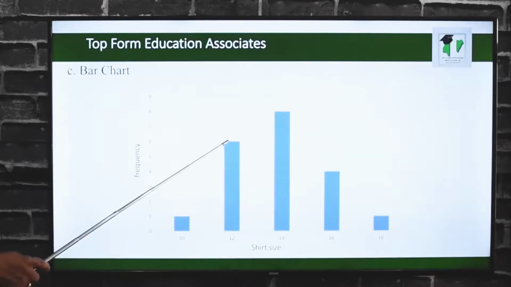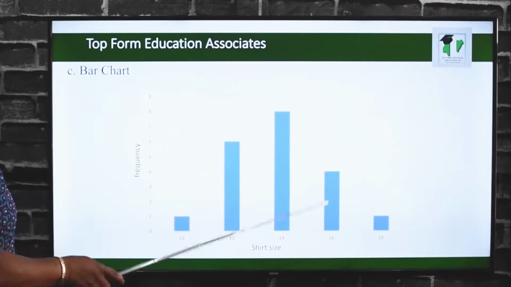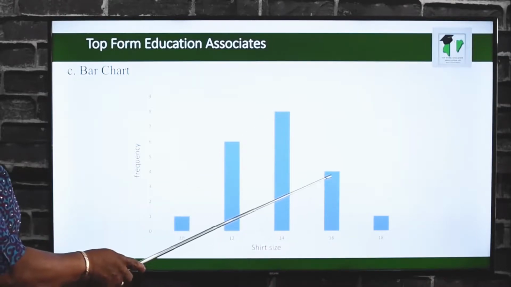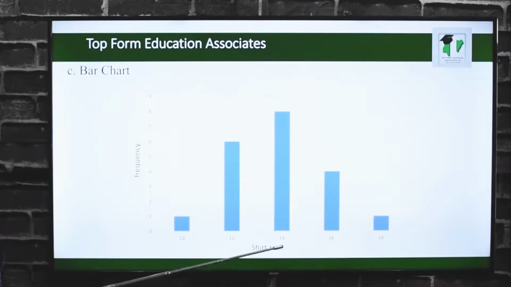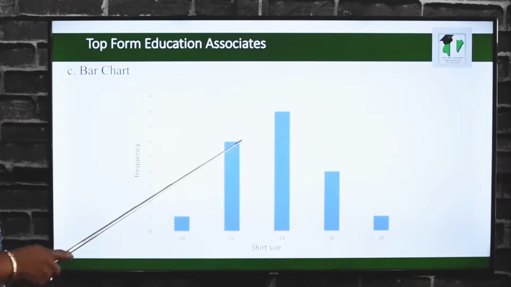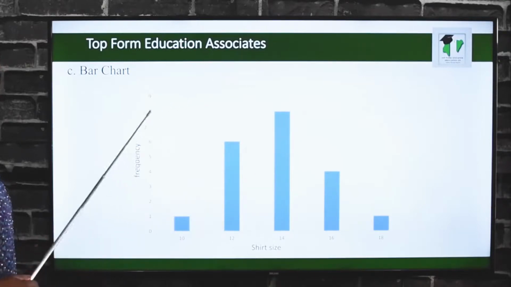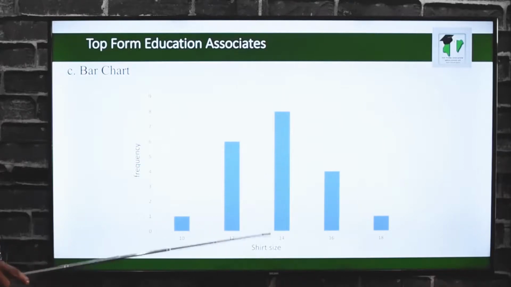Size 12, we have 6 of them. Size 14, we have 8. Size 16, we have 4. And size 18, we have 1. I want you to recall in bar charts that the width of the bars will be equal, but the height will show the frequency of the data.